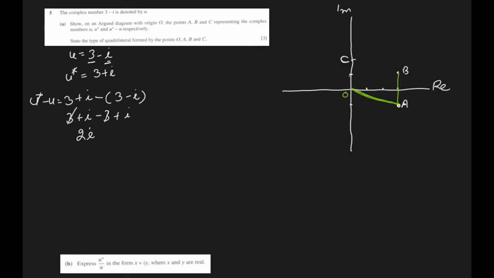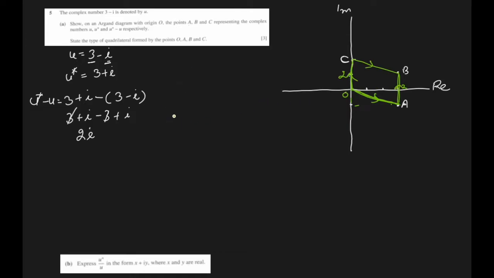Then B. And then C. Clearly we can see that the size of the side here is 2, and they're parallel, right? Similarly, this direction is 1 down and 3 to the right. This is also 1 down and 3 to the right. That means these lines are also parallel. So these are parallel, these are parallel, and of course their size is also equal.